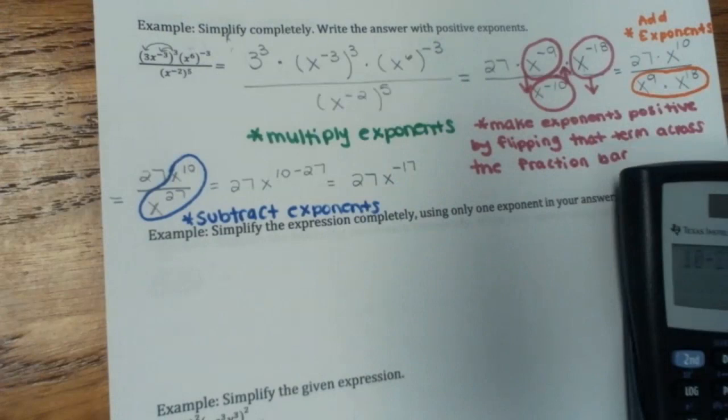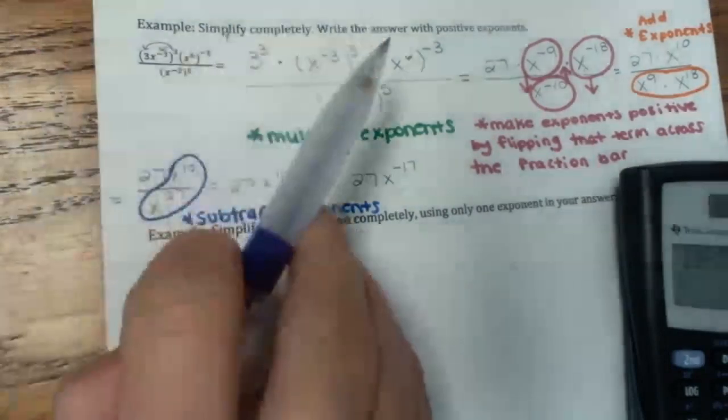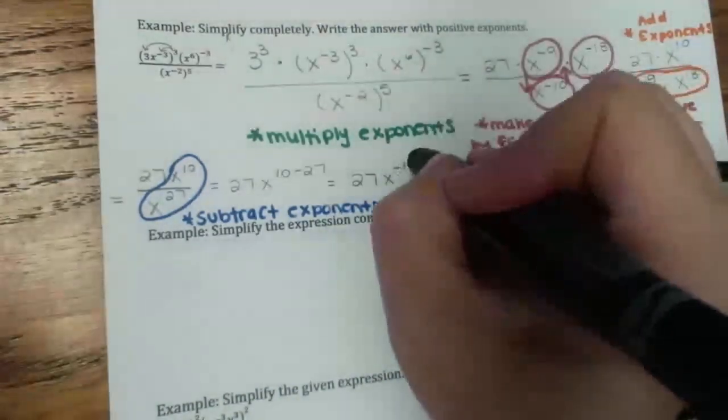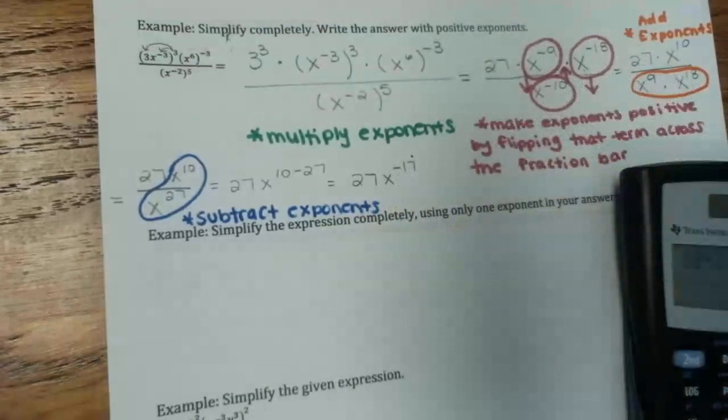Almost done. We have all of our like terms combined, which is awesome, but it says write our answer using positive exponents. So our last step, I'm going to turn that exponent into positive. In order to make exponents positive, we have to flip them across the fraction bar.